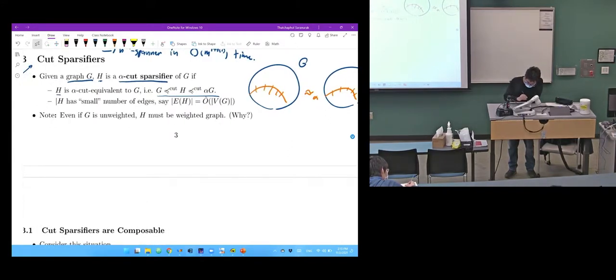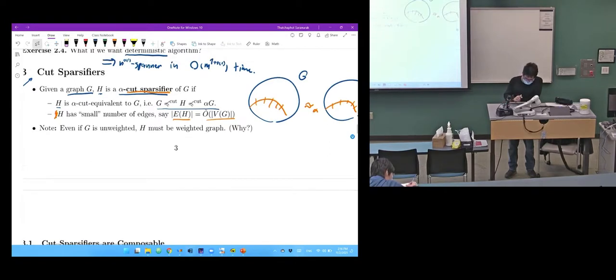And second, H should have a small number of edges. By small, usually it means the number of edges in H is proportional to the number of nodes.